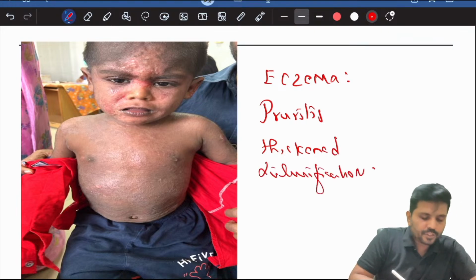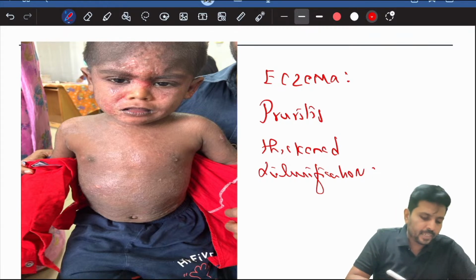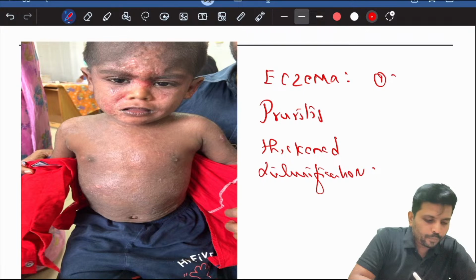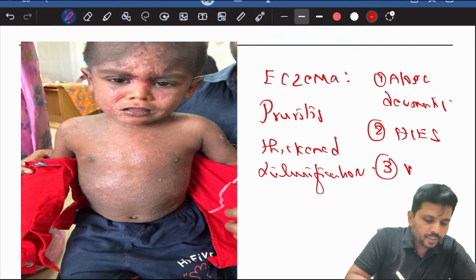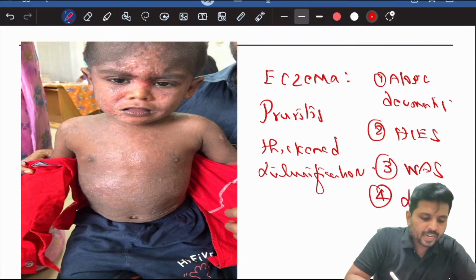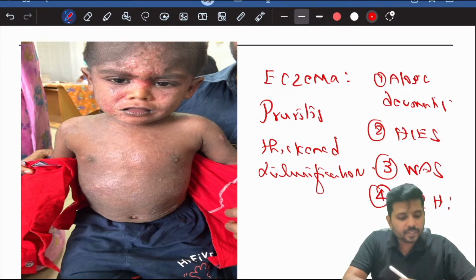One disease with severe eczema is atopic dermatitis, which responds to steroid creams and emollients. Second is hyper IgE syndrome. Third is Wiskott-Aldrich syndrome. Fourth is Langerhans histiocytosis. Whenever you have intractable pruritus, consider these differential diagnoses.